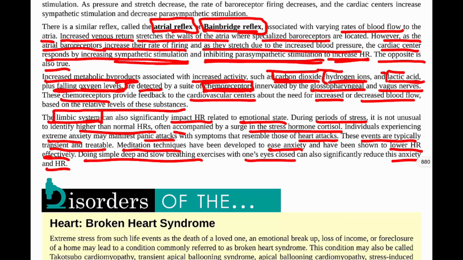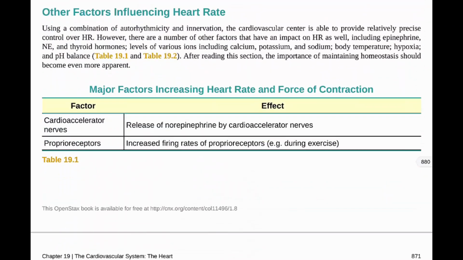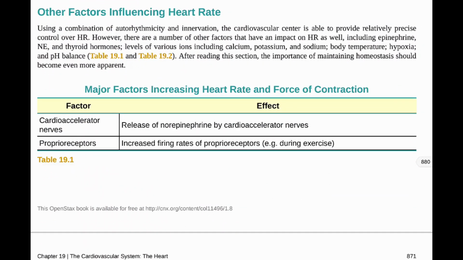So then we're going to take a look at some other factors that are going to be influencing the heart rate. All right, so now we're going to talk about things that are not related to the cardiovascular center specifically. Those were receptors that were going through nerves to the cardiovascular center and initiating or increasing or decreasing the flow in the sympathetic or parasympathetic nervous system.